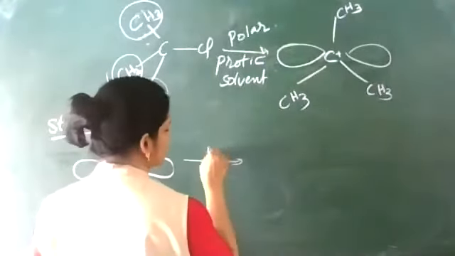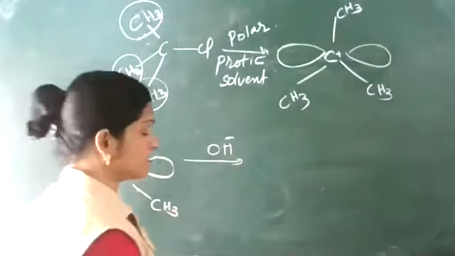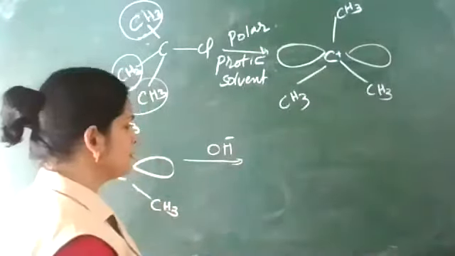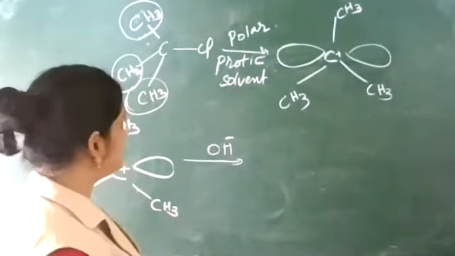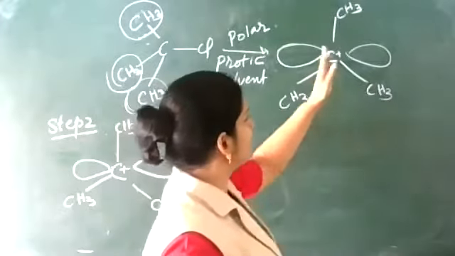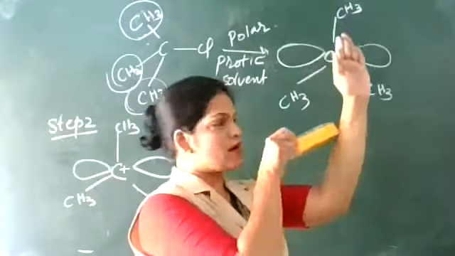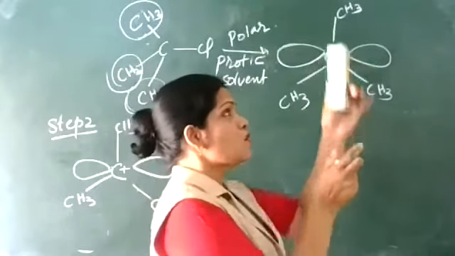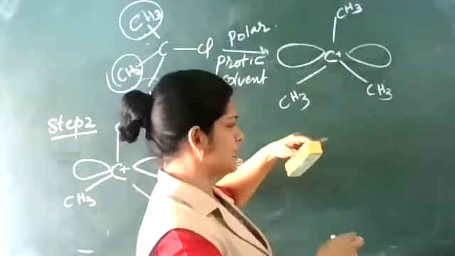Now if OH minus attacks, then two possibilities are there: front side attack, back side attack. So you can consider one CH3 like this, one CH3 like this, and one CH3 like this.